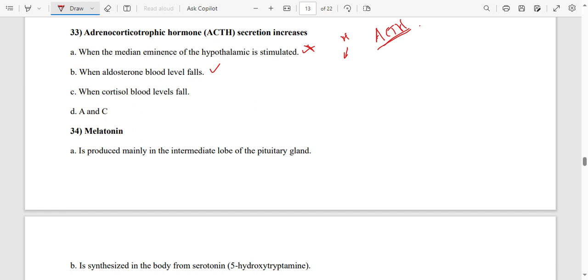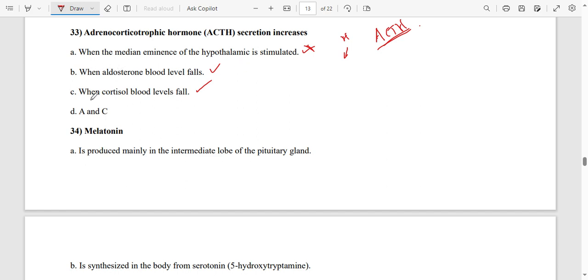Now, for the zona fasciculata, the paraventricular nucleus again is going to secrete the same corticotropin releasing hormone, which produces ACTH. ACTH will also stimulate the zona fasciculata, and that is going to make sure that cortisol is produced. So when blood levels of cortisol are low, there's also going to be the secretion of ACTH.